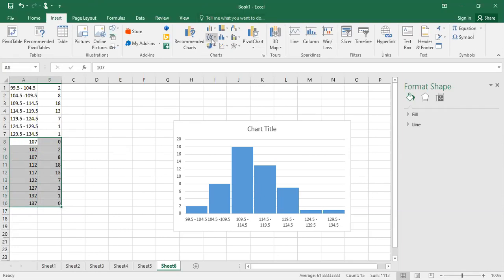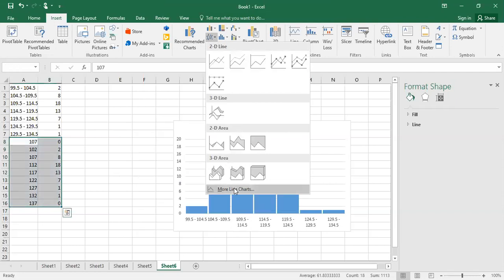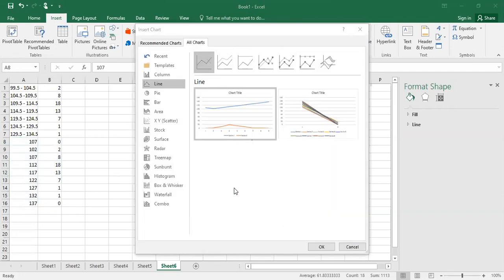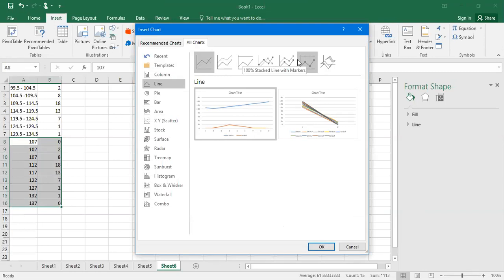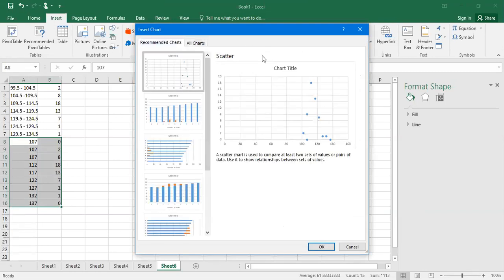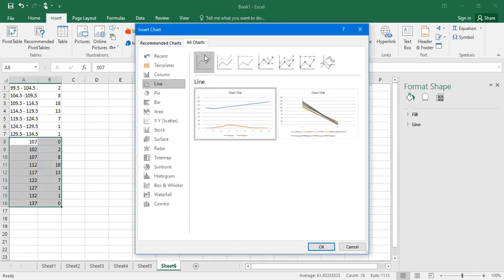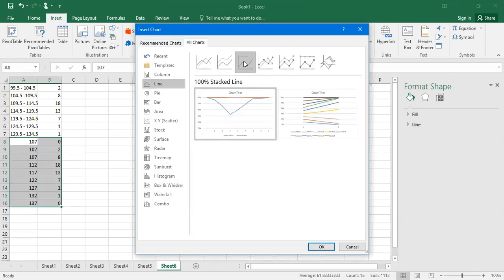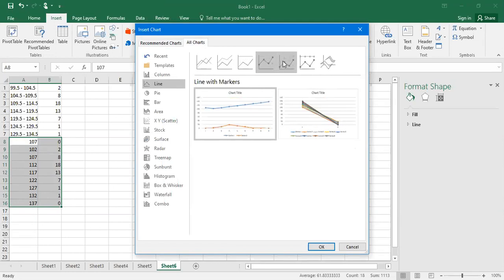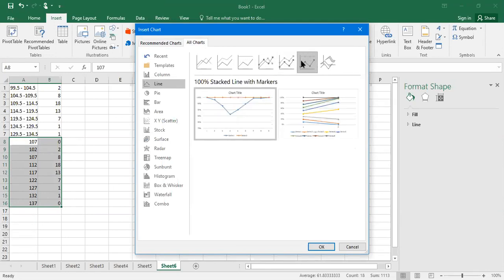Okay, insert, and here. Now I will go to more graphs. Nice. I'm looking for the best graph.